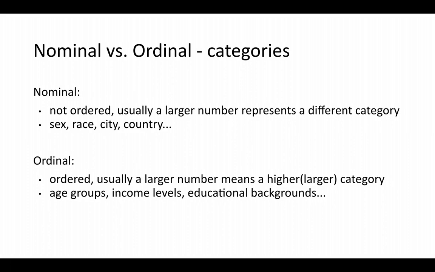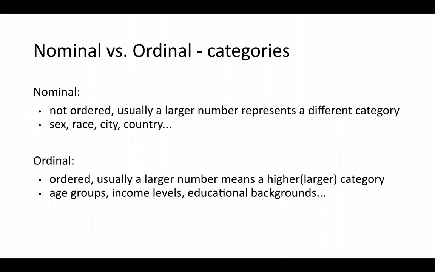It doesn't make any sense. Take race: white is 0, African American is 1, Hispanic is 2, others is 3. The largest number here is 3, but it does not mean other races are larger or more important than the others. It just means this is a different category. You use different numbers to represent different categories.